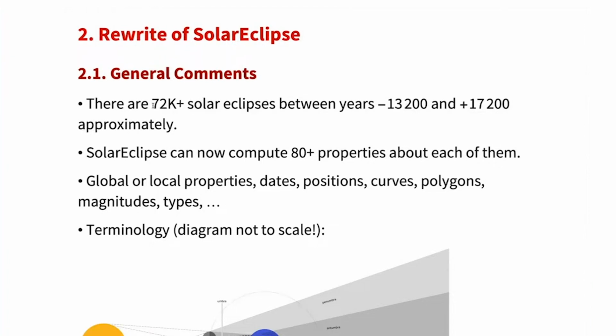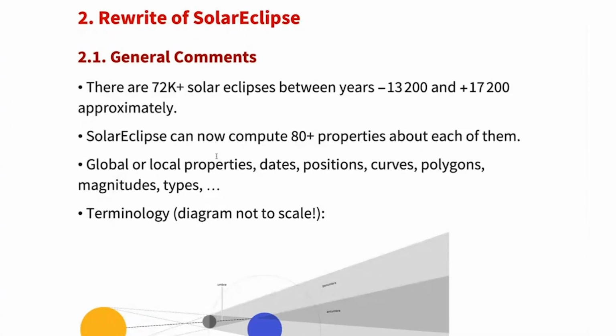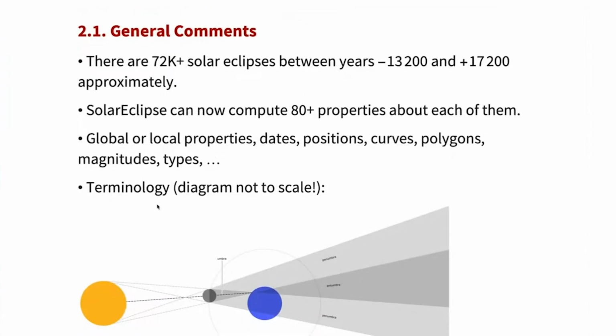In that range of years, there are more than 72,000 solar eclipses, and Wolfram Language gives you access to all of them, with about 100 properties, including polygons, very precise dates, etc. You can compute global properties and also local properties if you specify an observation date or observation instant.